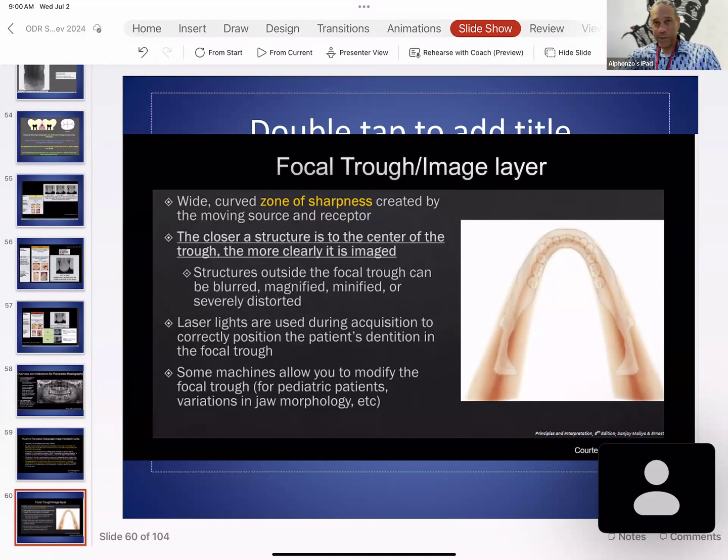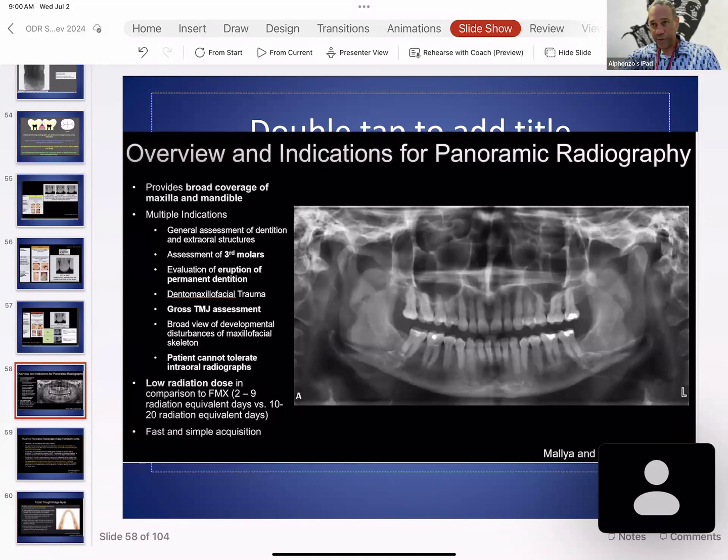But when we take these images, we actually get everything. We get all the soft tissue, and it's all overlapped. So if we look here at the left side, you're going to see a ghost image of the right side on top of the left side.